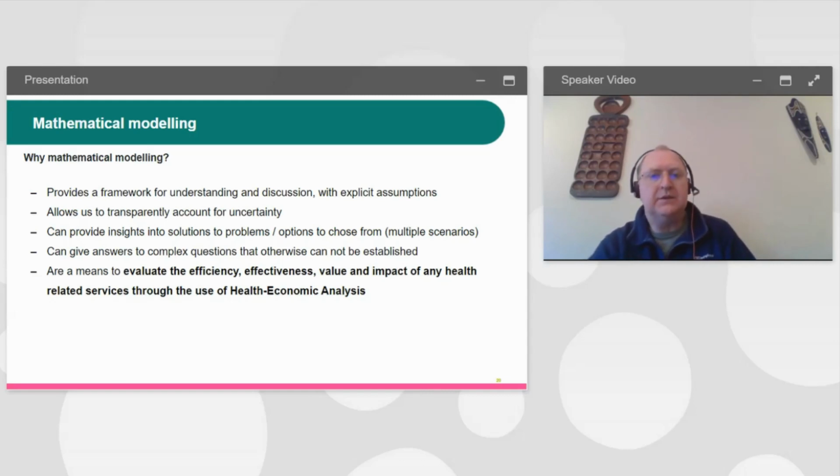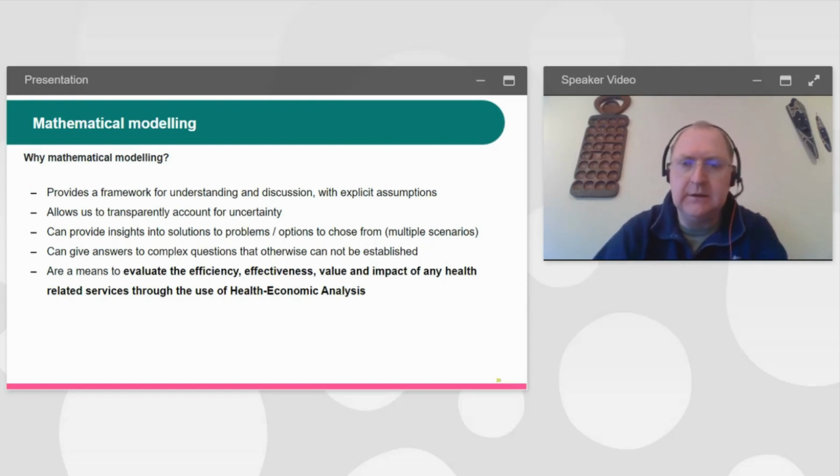It can also give answers to complex questions that we couldn't otherwise analyze without the use of mathematics. And there are means of evaluating the efficiency, effectiveness, value, and impact of any health-related service through health economics. So the two, it's a very powerful tool.